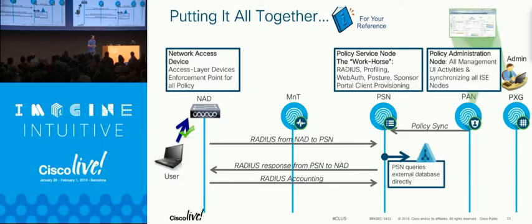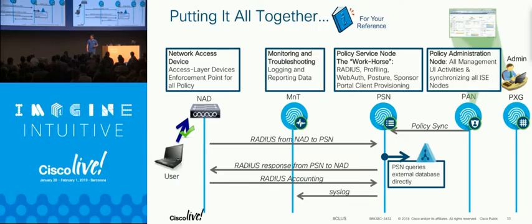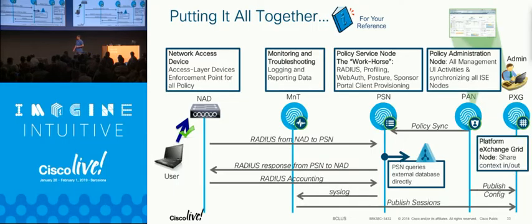If you have a load balancer, you're going to put the load balancer IP address, and all the PSNs would be behind that load balancer. After that, depending on if you're connected to Active Directory or LDAP or any identity store, your request will be checked against that ID store, and depending on success or failure, you will be authenticated to the network. And to close it off, all the syslog will be sent to the MNT node. And if there's any session that needs to be published outside of ISE, they are published through the pxGrid node, right? Very, very simple flow in ISE.